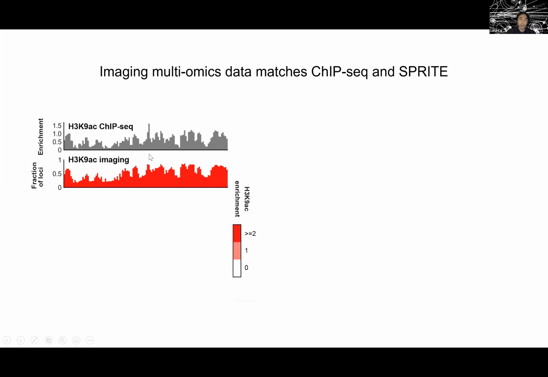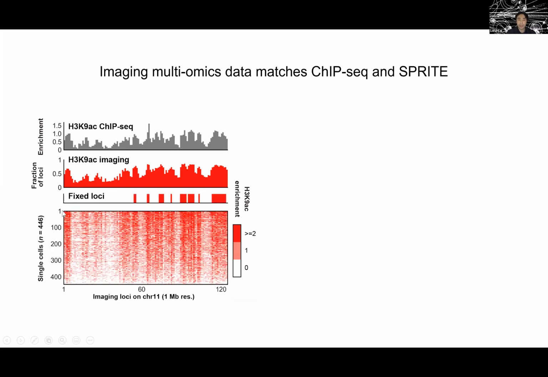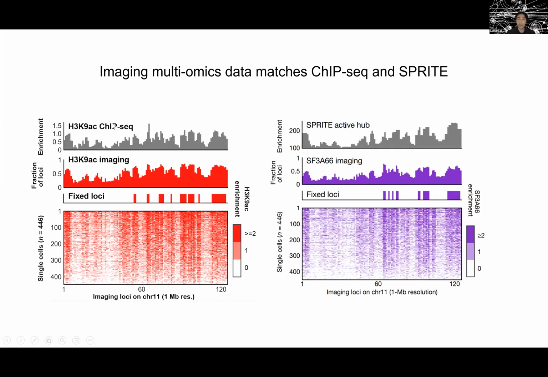And what's further interesting is that if you look at single cells, so each row is a single cell here, a lot of these features are actually fairly deterministic, even though the chromosome structure itself looks very random. And this is true not just for this particular mark, but for many marks. Just another example showing the nuclear speckles: again, it matches the SPRITE measurements for these speckle compartments.